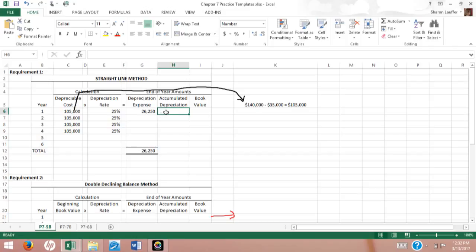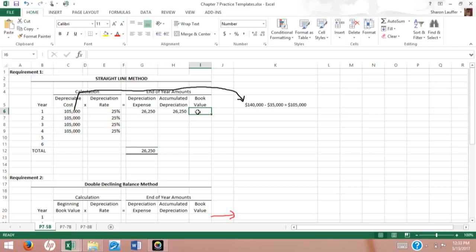So in year 1, we had no previous depreciation expense on this equipment. Now we've taken $26,250 of depreciation, so our total depreciation up to this point is $26,250.